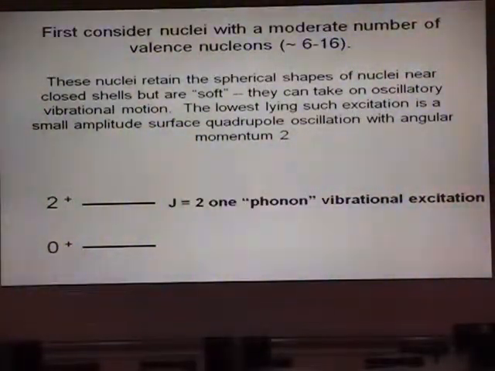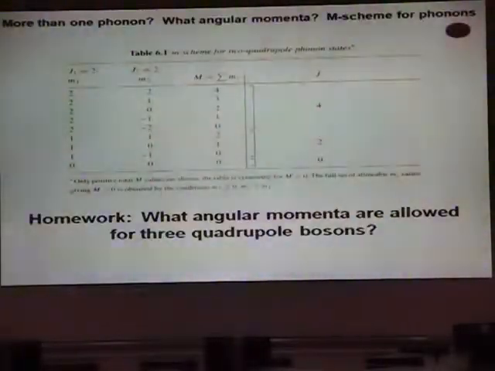Now, since it's integer angular momentum and a phonon or boson, the Pauli principle doesn't apply. It means you can superimpose more than one of these. And you can get 2 phonon states, and 3 phonon states, and 4 phonon states. How do you know which angular momenta are allowed? Well, again, the M scheme comes to the rescue.